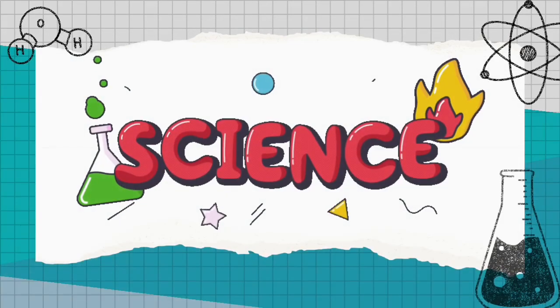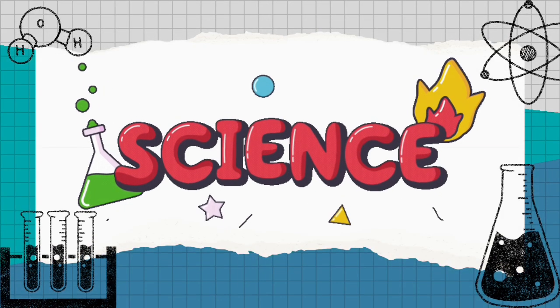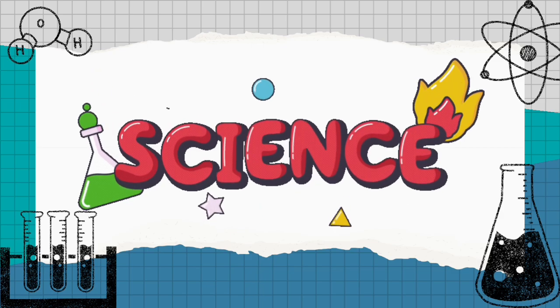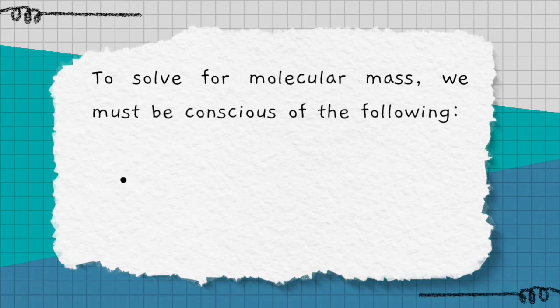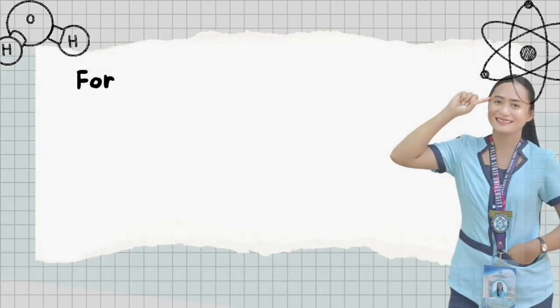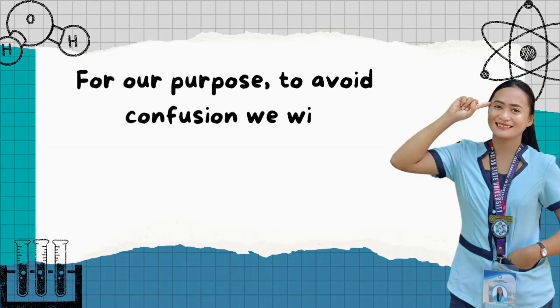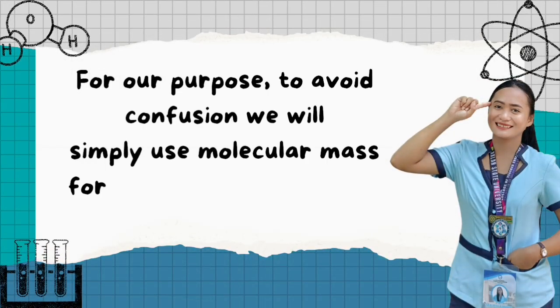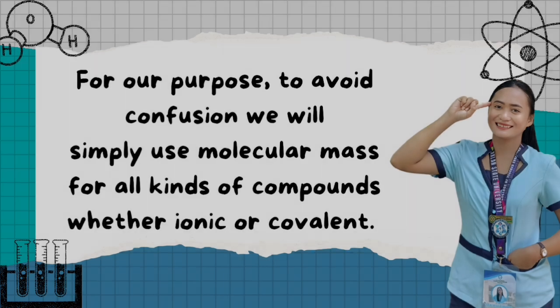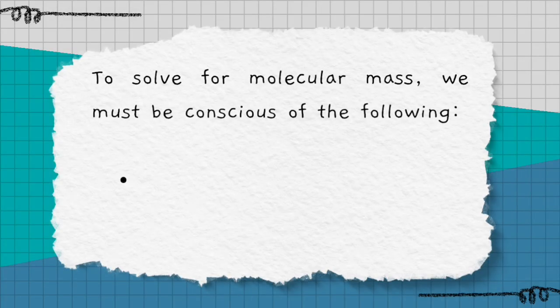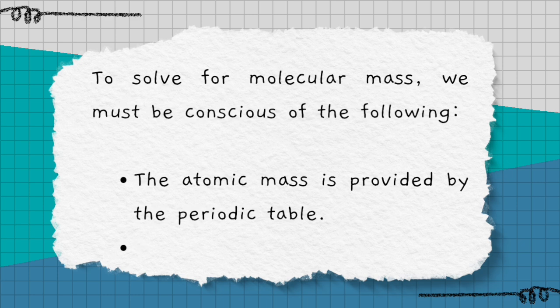Before we proceed to the examples on how to find molecular or formula mass, we have to remember these reminders. For our purpose to avoid confusion, we will simply use molecular mass for all kinds of compounds, whether ionic or covalent. So, for molecular mass, we must be conscious of the following. The atomic mass is provided by the periodic table.